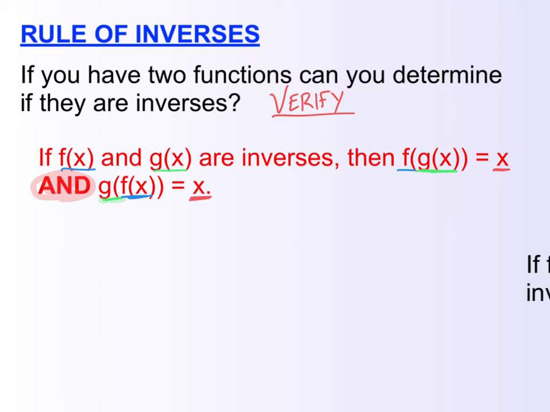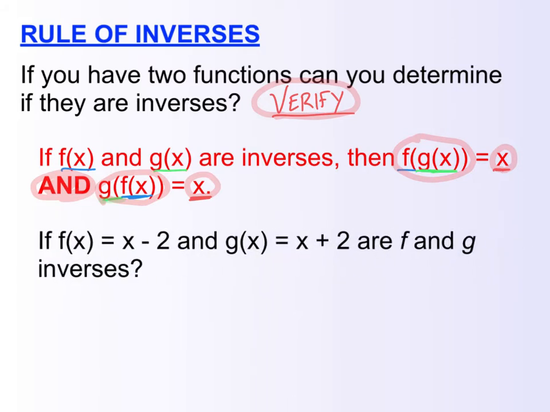So if you see the word verify, that means you need to complete two compositions of functions, and each composition must equal x for you to say and verify that they're inverses.